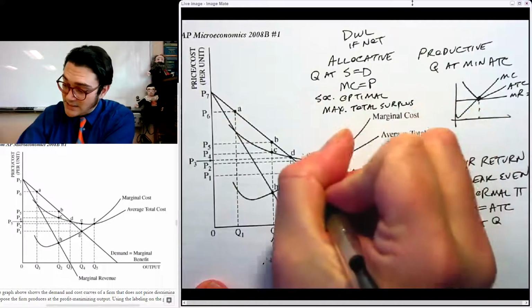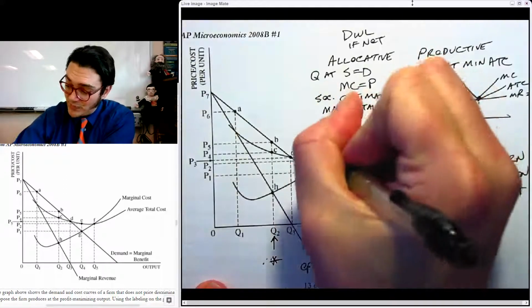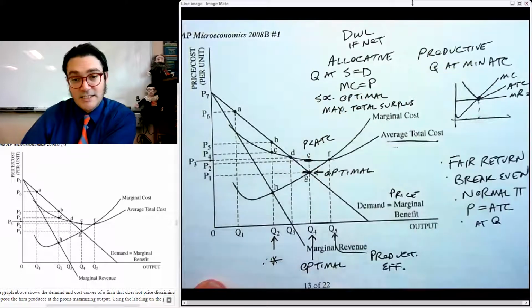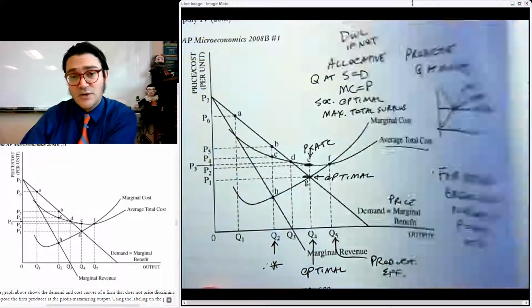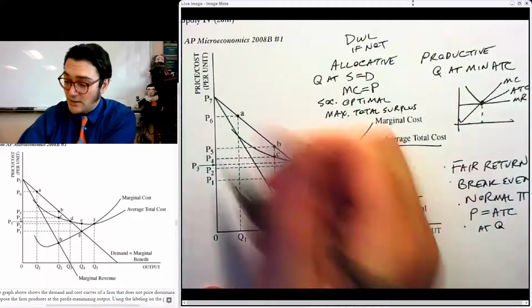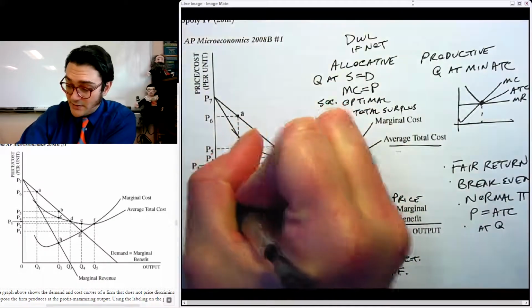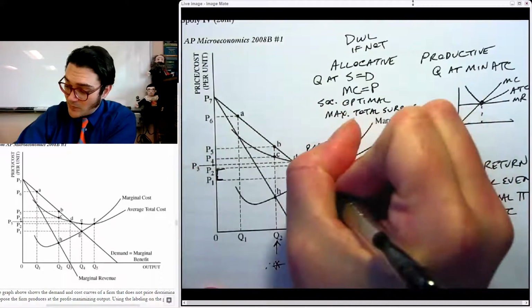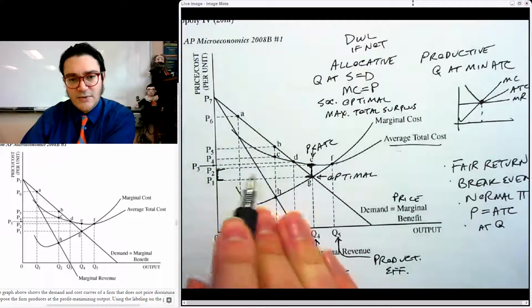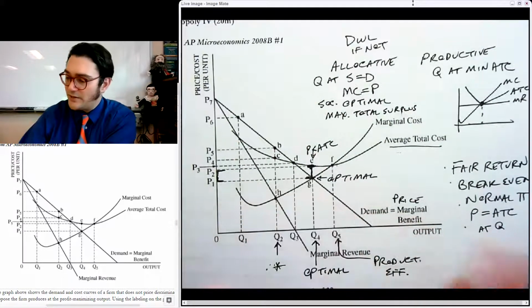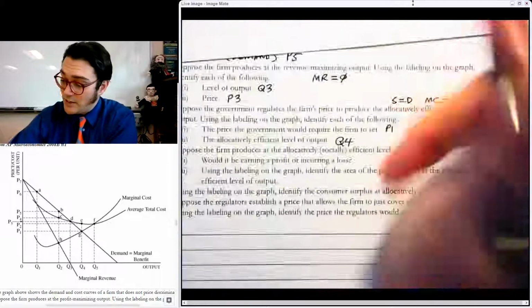So at this level, price is less than the ATC. The ATC exceeds it at that level. And so that indicates to us that this firm is earning a loss. And the loss rectangle would be like here to here to here to here. So it's kind of this long skinny rectangle that goes all the way over that point, right? So we would say they are earning a loss.